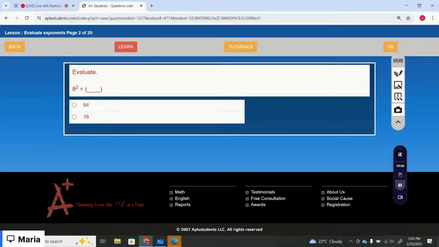8 square. So you always evaluate base exponent times. You have to do 8 square. That means you have to do 8 times 8.